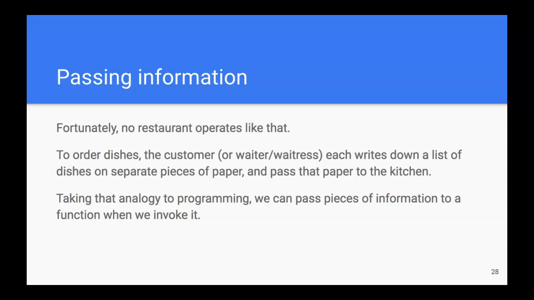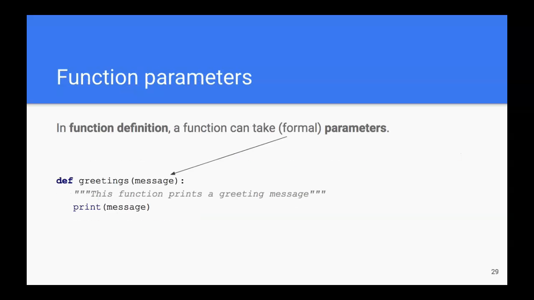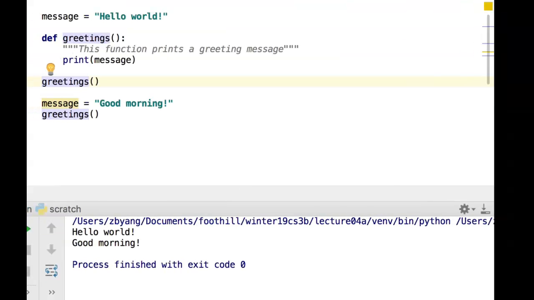The good thing is there's an analogous way to pass pieces of information to a function in programming. We don't have to use global variables. To do that, we use what's called parameters.